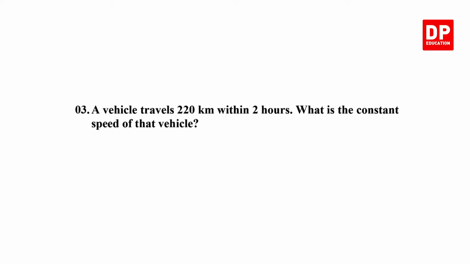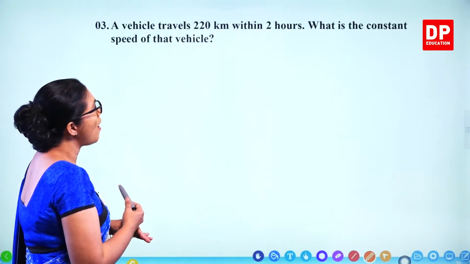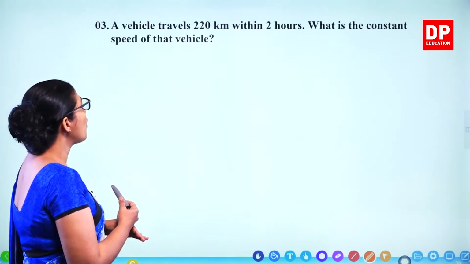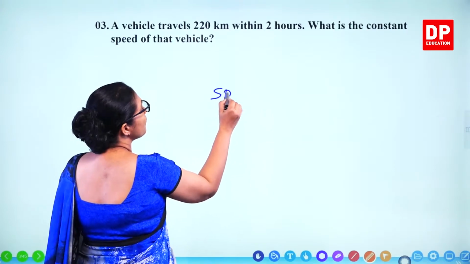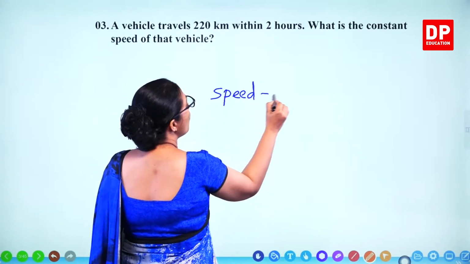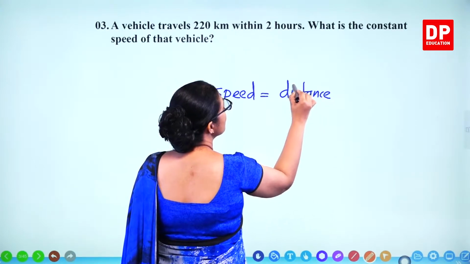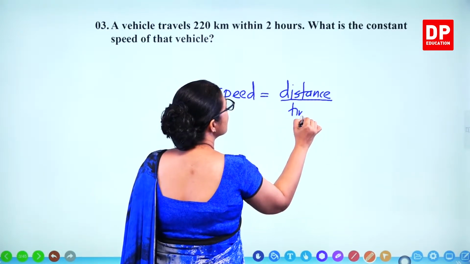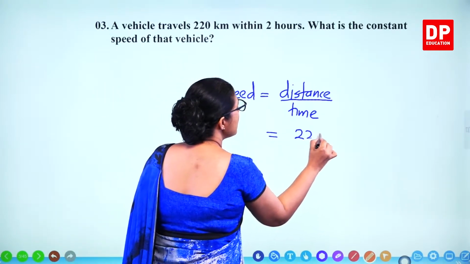Question number 3. A vehicle travels 220 kilometers within 2 hours. What is the constant speed of that vehicle? So speed is equal to distance over time. So what's the distance? 220 kilometers.